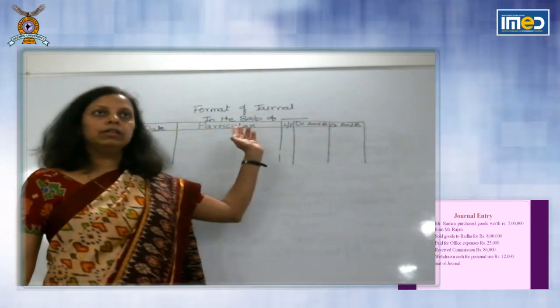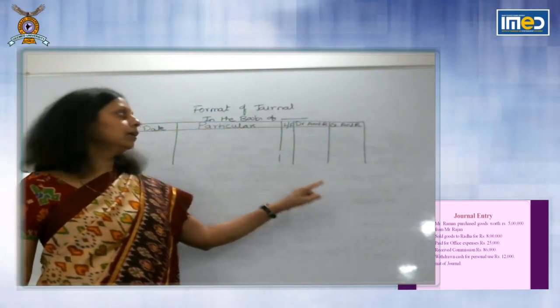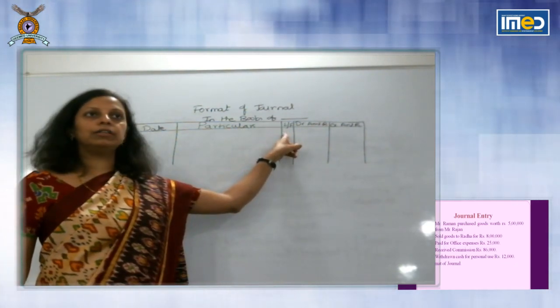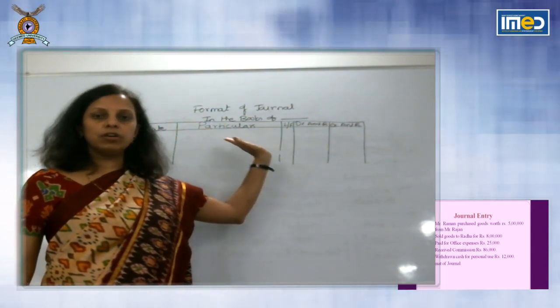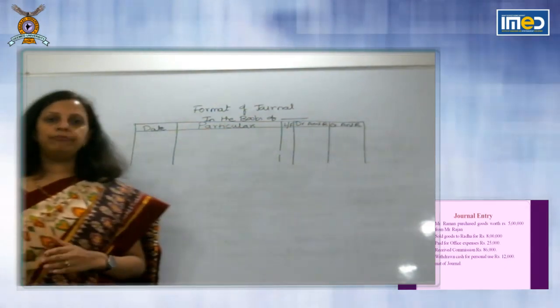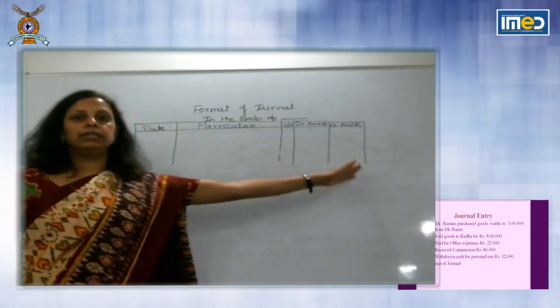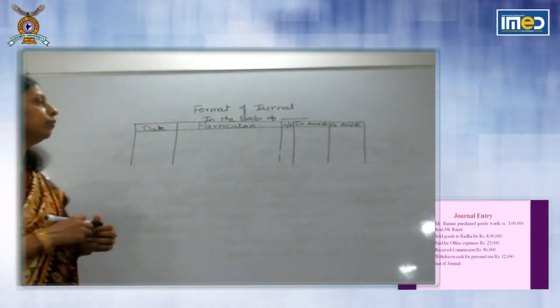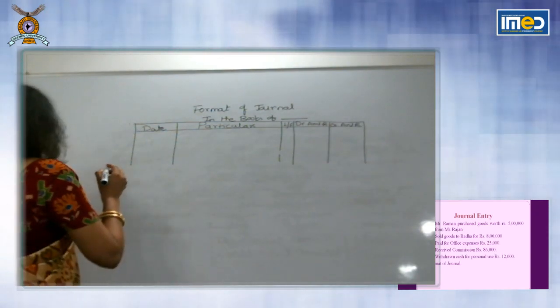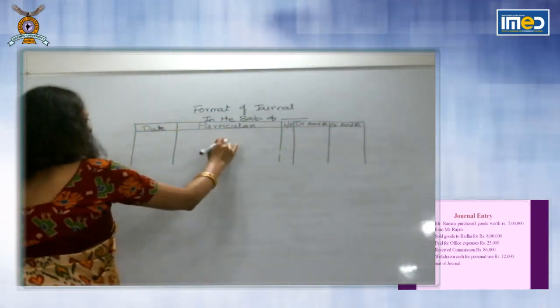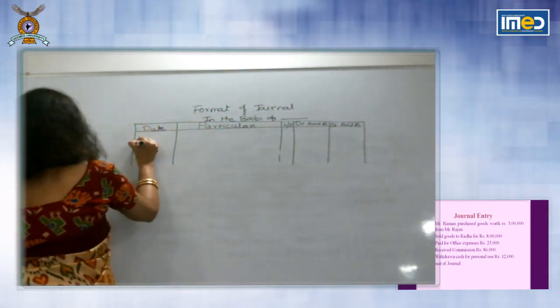So the ledger page number will be written in this particular column. In journal, you will give reference of ledger page number and amount will be written in both columns. So we will pass one entry. I will show you how to write entry in the format of journal.